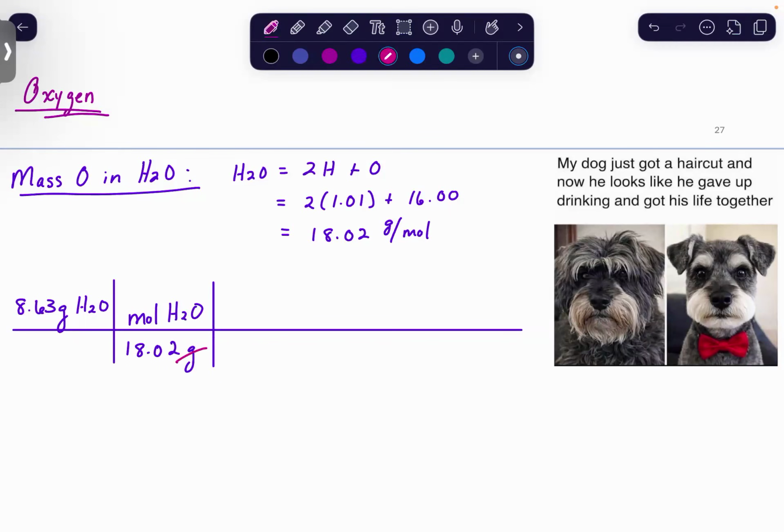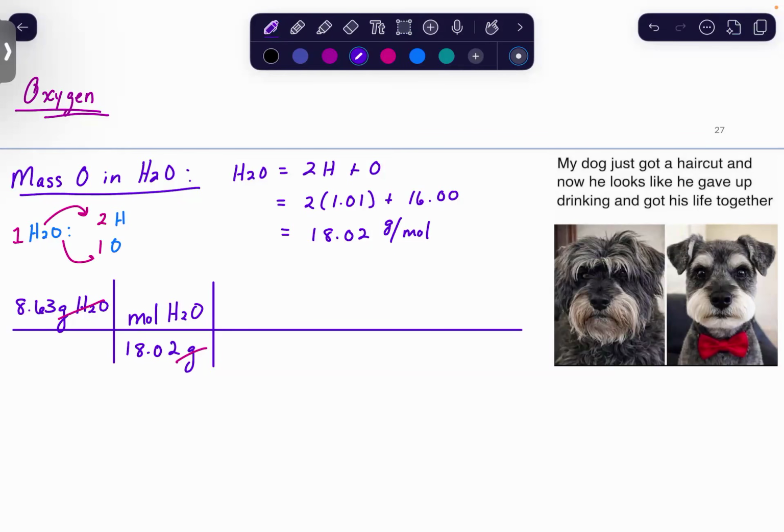You notice grams cancels out grams. Now I have moles of H2O. If I have 1 mole of H2O, that's going to give me 2 moles of hydrogen and 1 mole of oxygen. So you notice your 2 goes to there, your 1 goes to there.